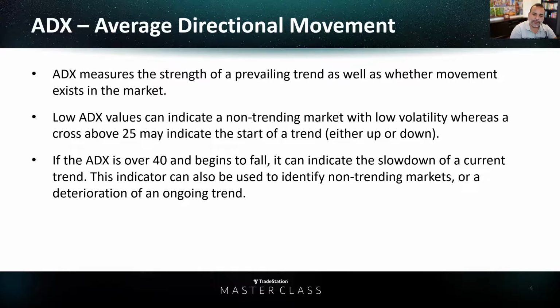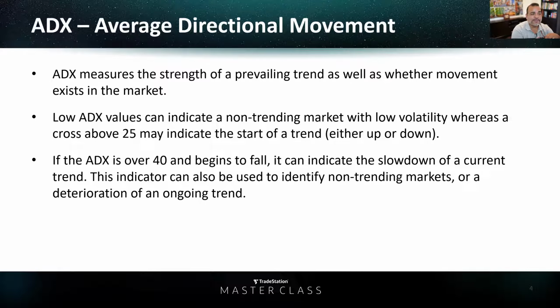If you look at these two bullet points combined, it seems like it's a great indicator for you to use when you're trading trending strategies, when you are on a long trade or a short trade and you're riding the trend, because the ADX is a measure of price movement. If the readings are low, it may be because you're not in a trending market, so it may not be a good idea to put on a long-term trade.